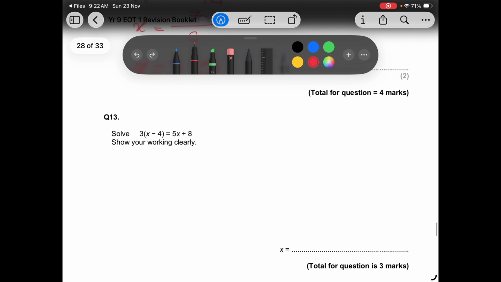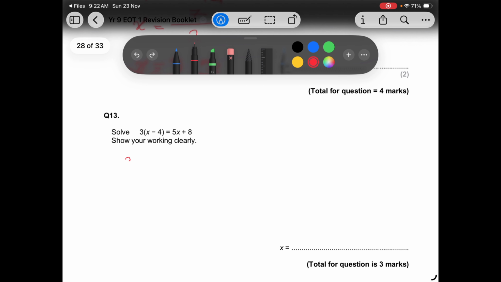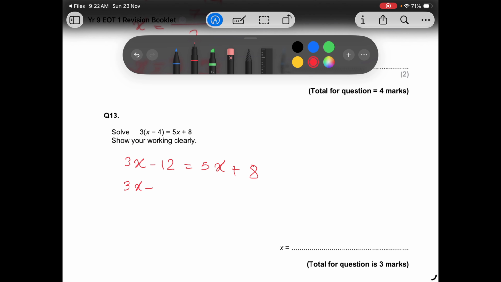And next I have this, solve. We can expand. So the left hand, it will be 3x minus 12 equals 5x plus 8. Collect all x's to one side, so 3x minus 5x equals 8 plus 12.